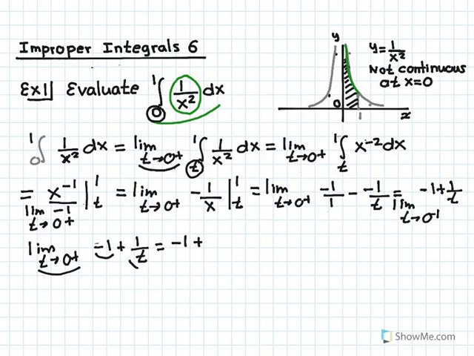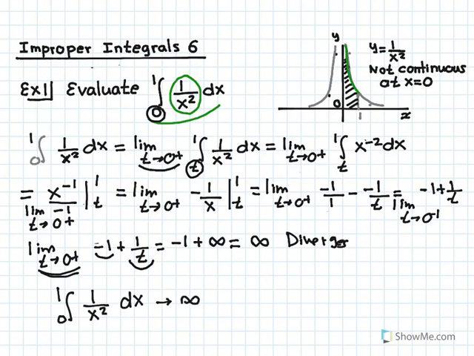The limit of 1 over t as t approaches 0 from the plus side will be infinity. So the answer is infinity. Diverges. So our conclusion is that the integral from 0 to 1, 1 over x squared dx goes to infinity. That means this integral diverges.